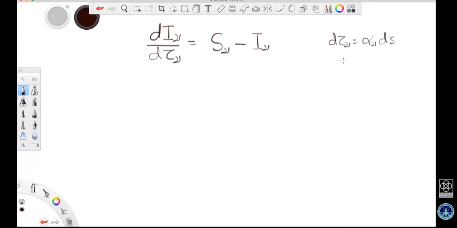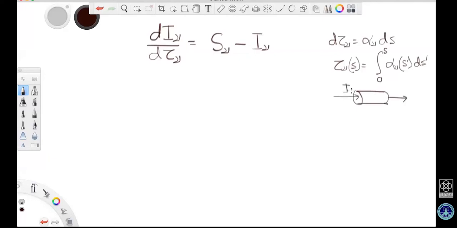In other words, tau nu as a function of S will be an integral of alpha nu, which may be a function of location. So I'm going to define a dummy variable for the location, starting from when the optical depth is 0, S equal to 0, to S. This is my total optical depth suffered by the light as it passes through this volume of matter.